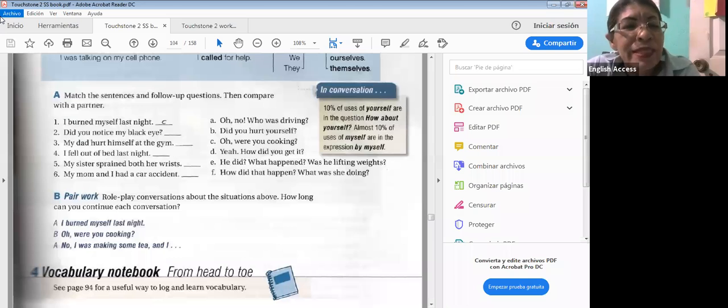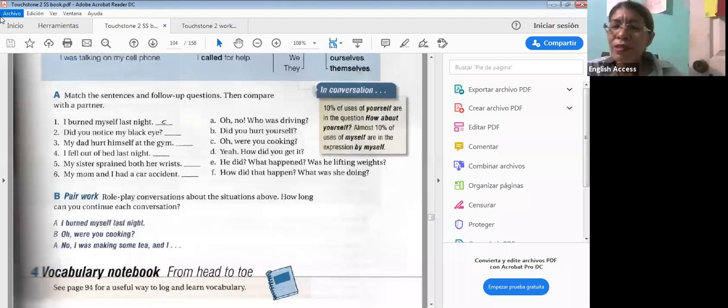Okay, guys, well, now let's do this. Pay attention to the exercise C. It says role play conversations about the situations above. How long can you continue each conversation? Well, we're going to do it like this. You're going to continue this conversation. For example, number one, Damaris is going to begin. I burned myself last night. Then Luis, question. Oh, were you cooking?